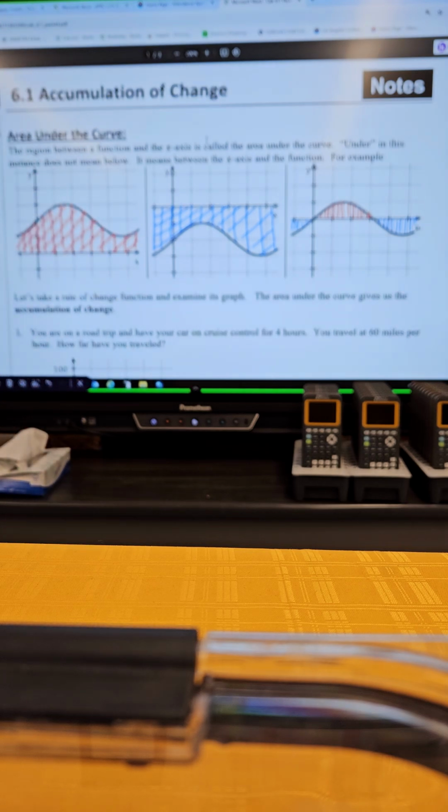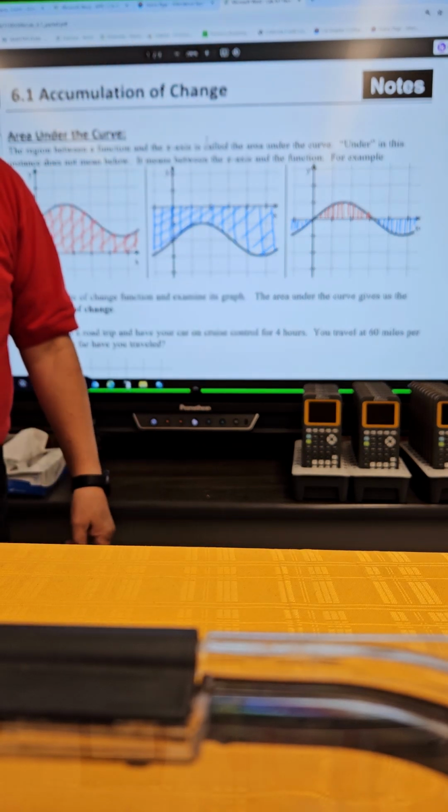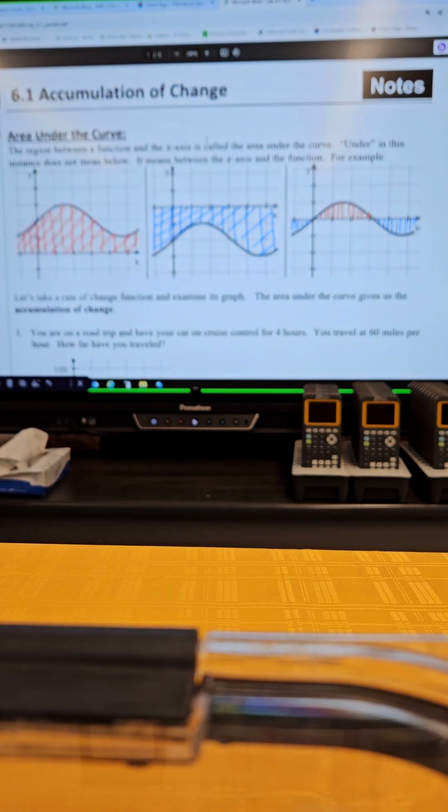So let's take the rate of change function and examine its graph. As I said, accumulation of function is all about area, be it above or below the x-axis. So the area under the curve gives us the accumulation of change.